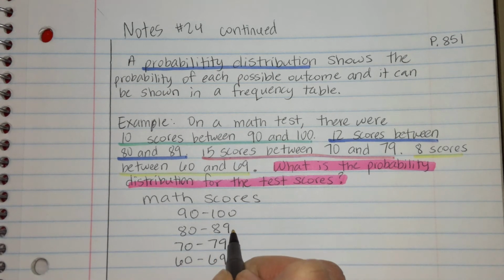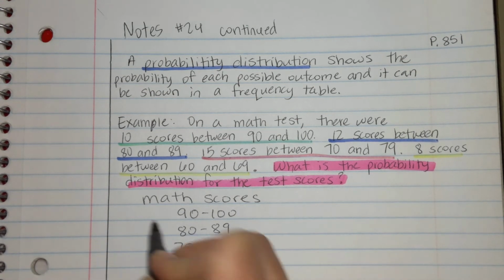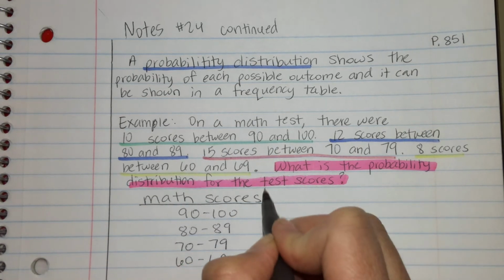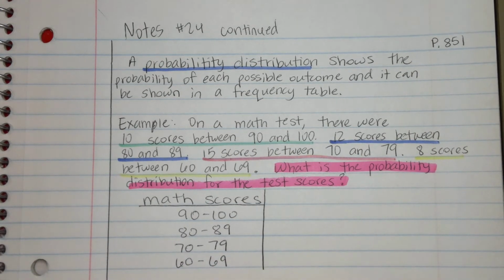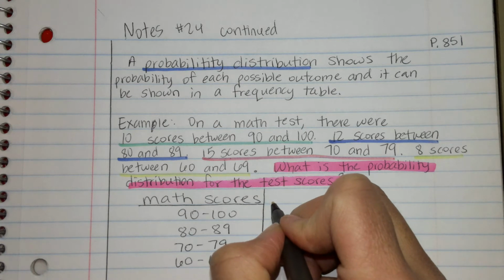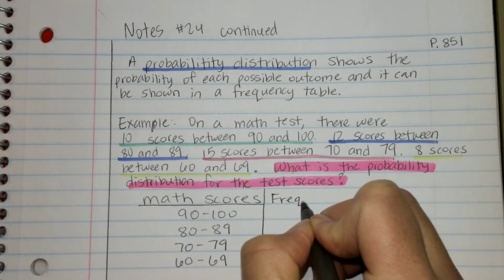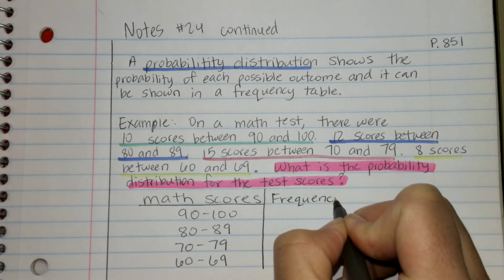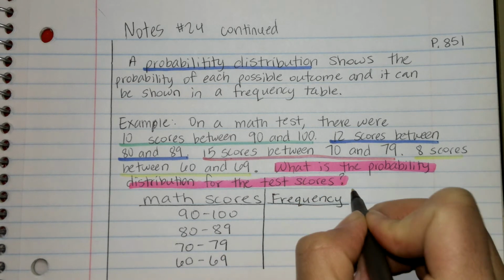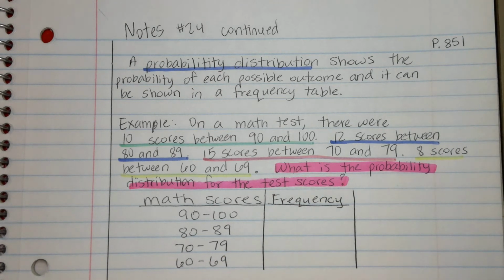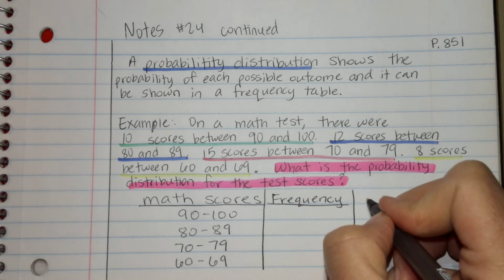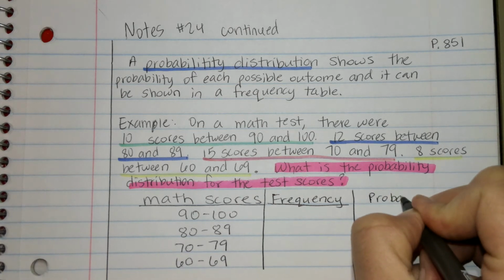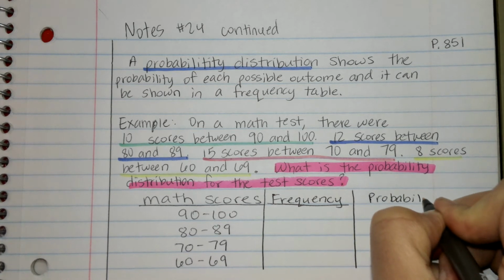Those are A's, B's, C's, and D's. So those are the math scores. And then the next one, I can make a little column for frequency. My last little column will be for probability.